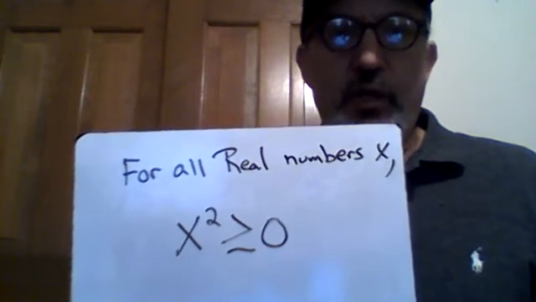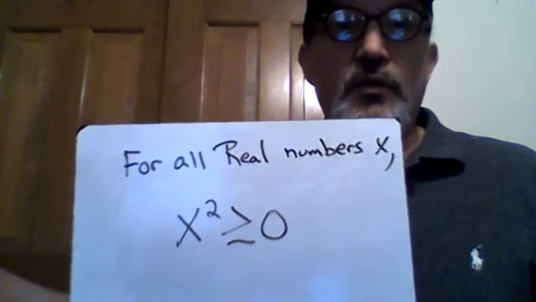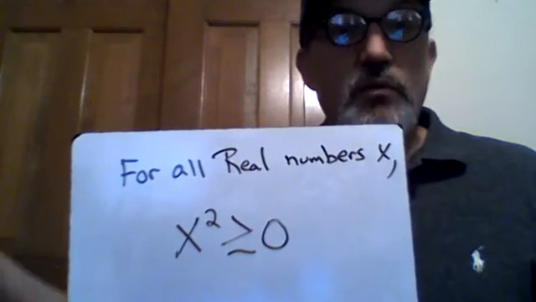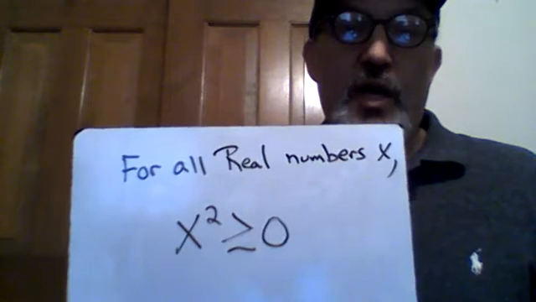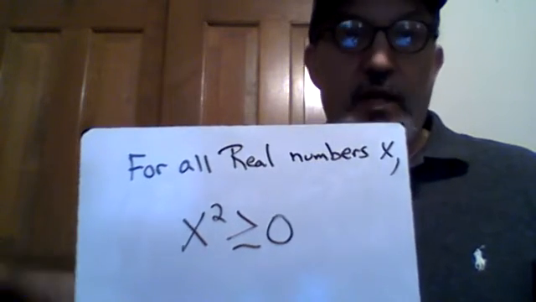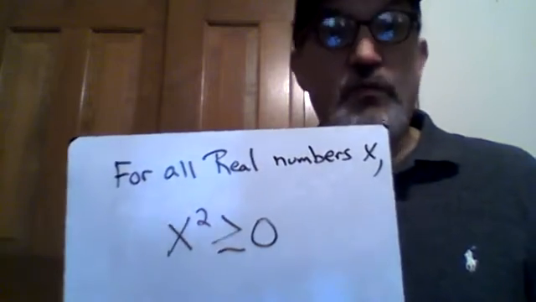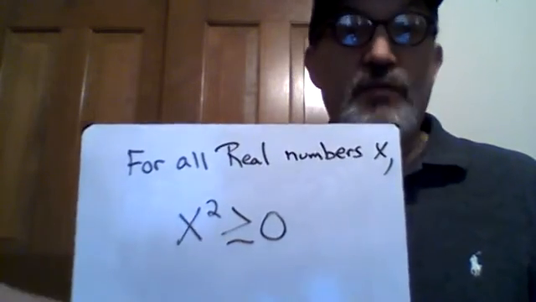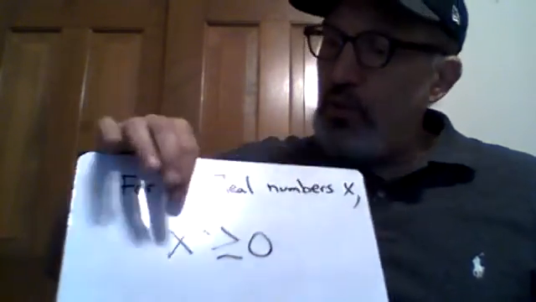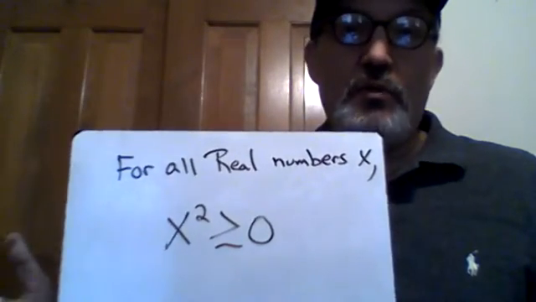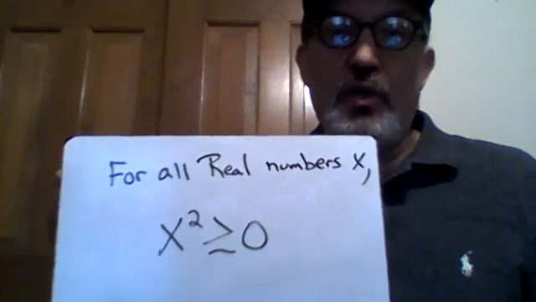Let's say x is 3. 3 squared is 9. But if x is negative 3, then you also get positive 9, because negative 3 times negative 3 is positive 9. A positive times a positive is positive. A negative times a negative is also positive. So you cannot get a negative number if you square a real number. You can only get something greater than or equal to 0.